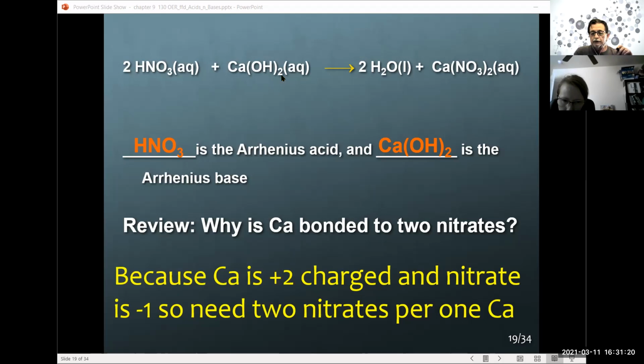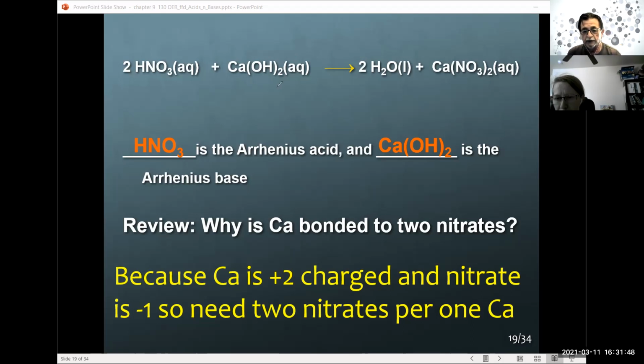Now, if you go through this, you will see that that equation is balanced. For example, who can tell me how many nitrogens total are in the reactant side? If we look at this reaction up and down, how many total nitrogens do we have on the reactant side?